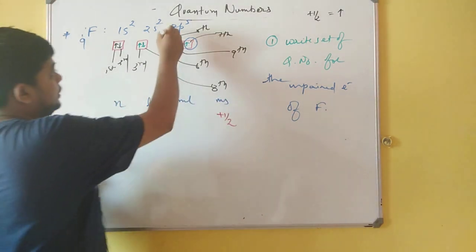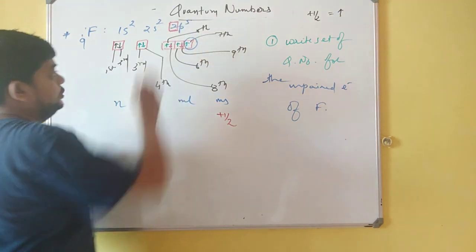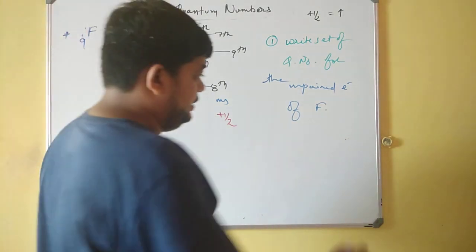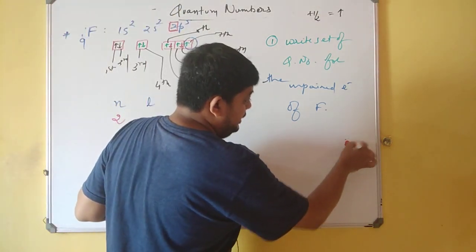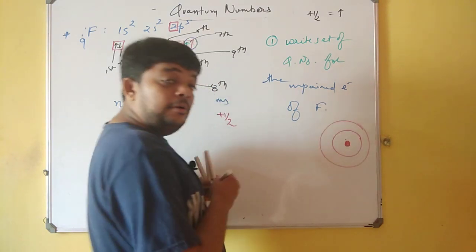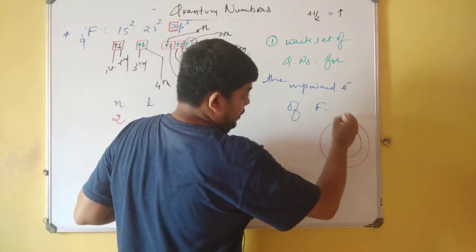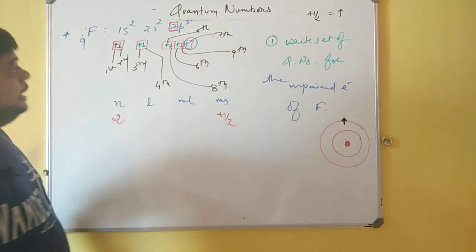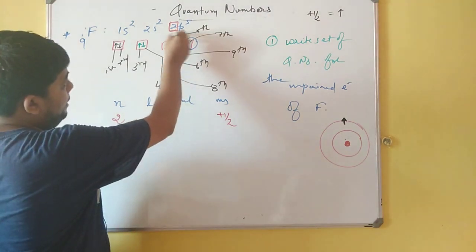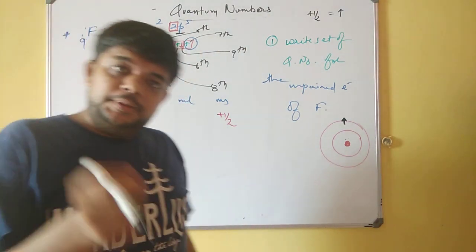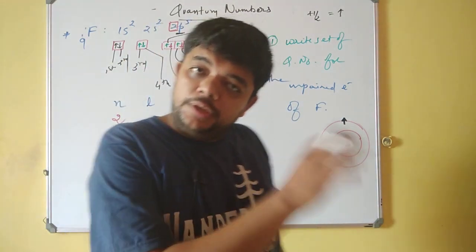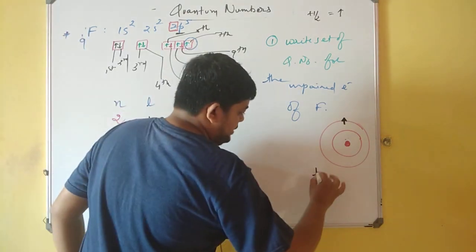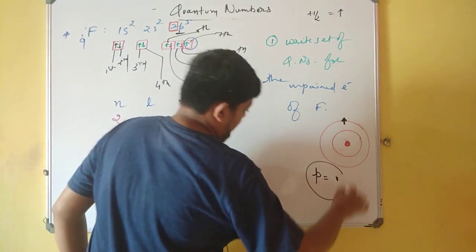Then see this number, as it is 2, it is always the principal quantum number, and it indicates that we are talking of an electron in fluorine atom which is in the second orbit. For l, as it is the subshell p, we very well know that s, p, d, f is 0, 1, 2, 3, so it is 1, and we can write that p corresponds to 1.